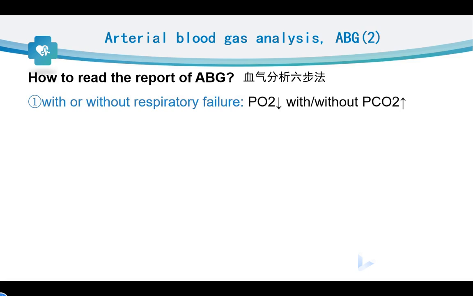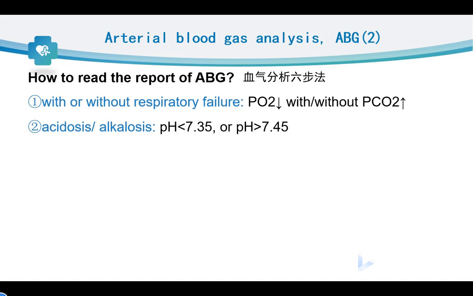The first step, to confirm with or without respiratory failure. We can look at the level of the partial pressure of the oxygen and the partial pressure of the carbon dioxide.